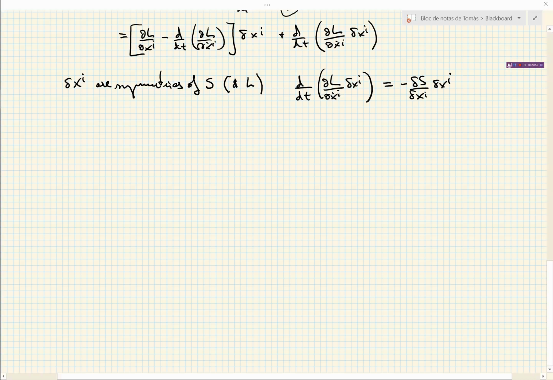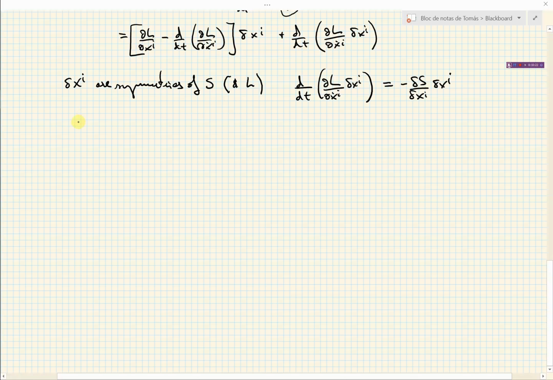I could obtain that the derivative with respect to time of this object would be 0. This is almost enough, and this is almost the result. We are obtaining, for delta xi a symmetry, and if the equations of motion are satisfied, a conservation law, but we have to be a bit more precise.